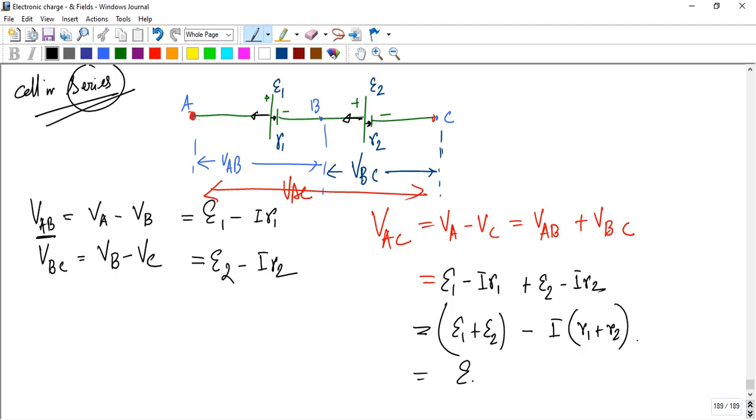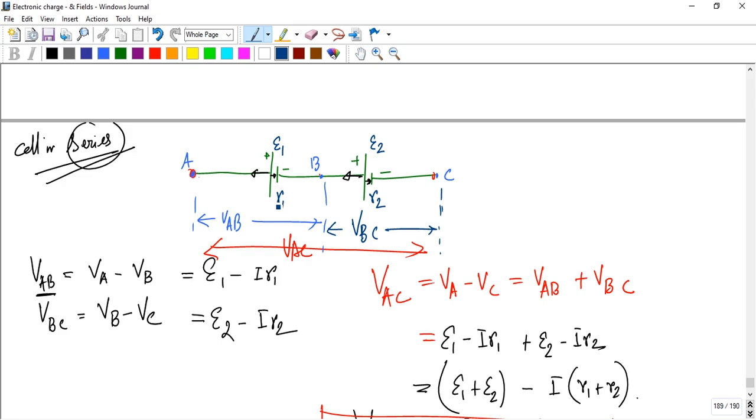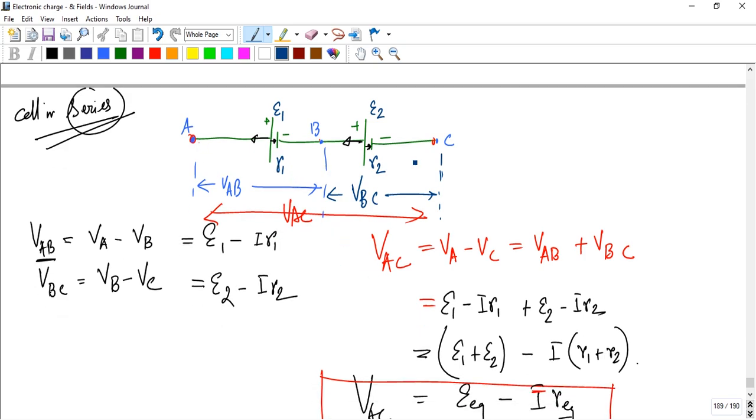We can say that is EMF equivalent minus I times R equivalent, where R equivalent is the equivalent internal resistance. That is VAC, the total potential.